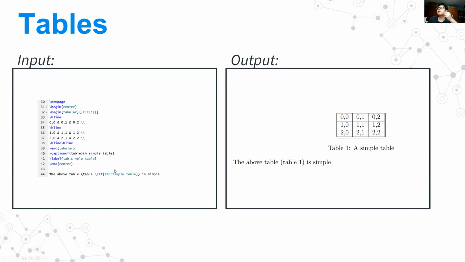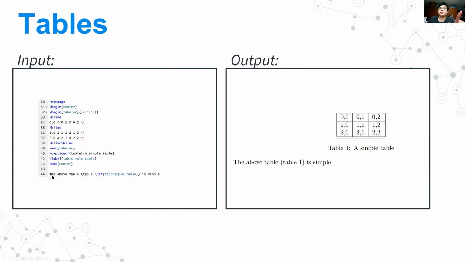For equations, you remember that Justin said we can label equations. We can also label a table. In this case, we have \label with the curly bracket, then tab is to tell the command I'm labeling a table. So I label the table as simple table. LaTeX will take into account that this is a table, and I labeled it, and it will take note that it's Table 1, so I can reference it later on.